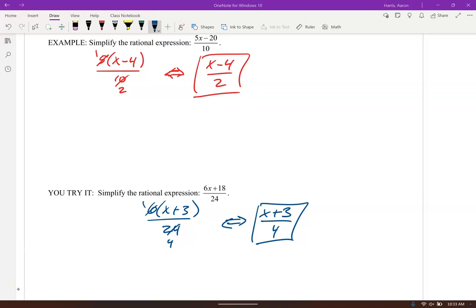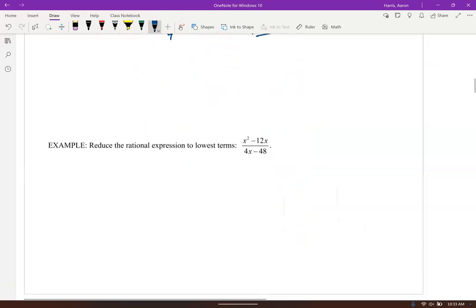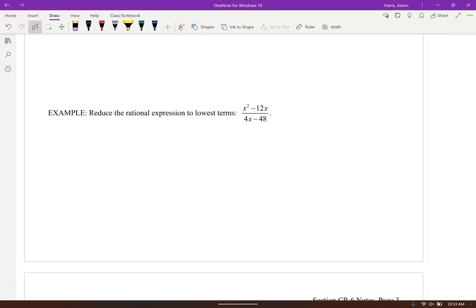Good question. Yes, so 2 is a common denominator of the x minus 4, so you can put it as x over 2 minus 4 over 2, you bet. So this is the exact same thing. Bottom one would be x over 4 plus 3 over 4. Yep, so let's go ahead and reduce it here. What are we going to take out of the top?